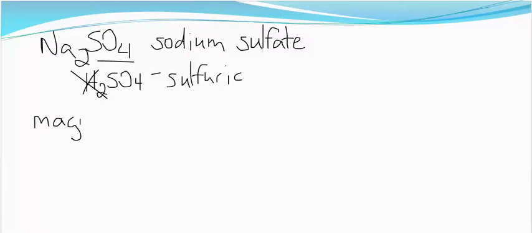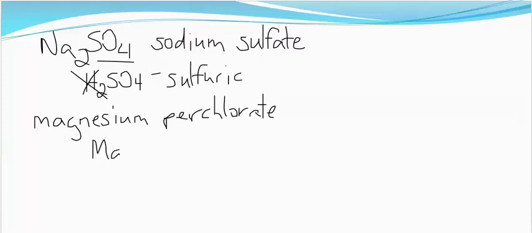Let's work the other way. Let's say we have magnesium perchlorate. Put the Mg there. It's got a charge, +2. And the charges are important when we work backwards. Perchlorate comes from perchloric. So I'll go ahead and write that down, perchloric. So I'm going to write down the acid, perchloric.